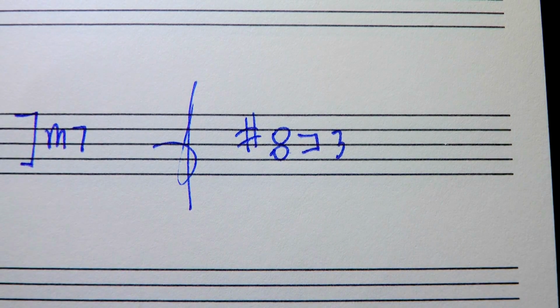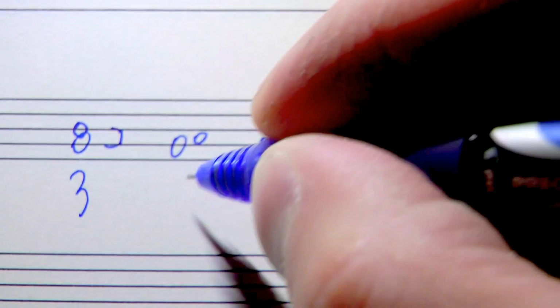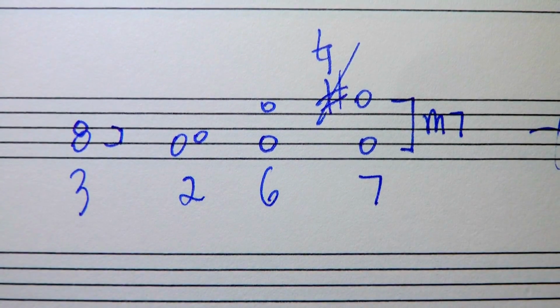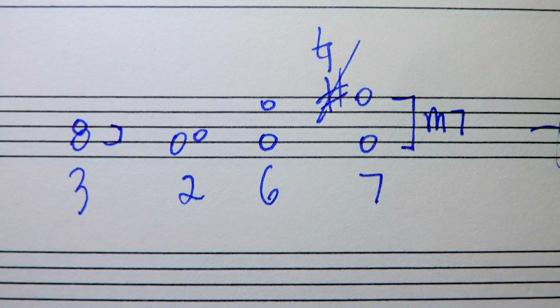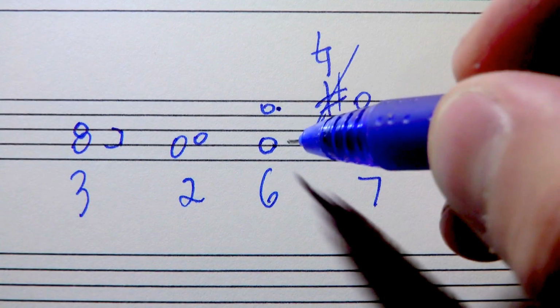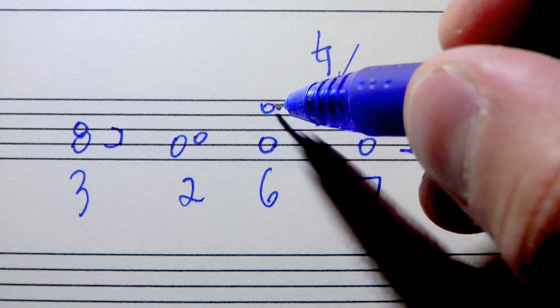So once again, the intervals that can be major or minor are the third, the second, the sixth, and the seventh. Now we think in the key of the low note. For example, in this example, from a G to an E, the distance is a sixth, 1, 2, 3, 4, 5, 6.